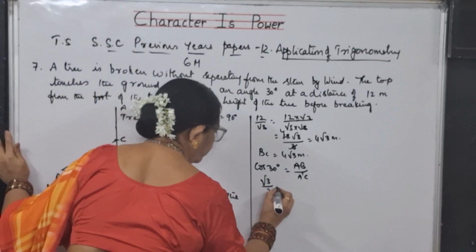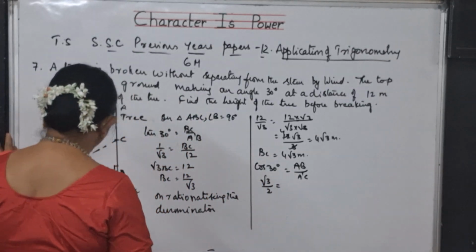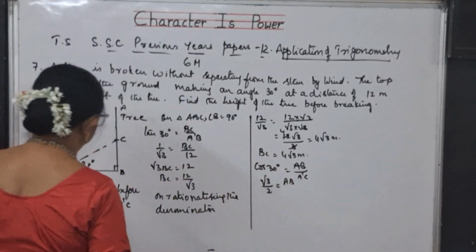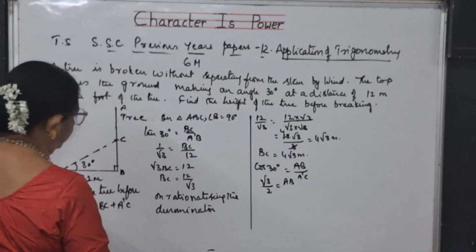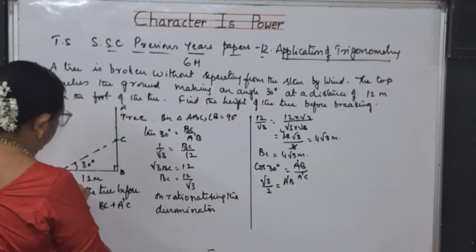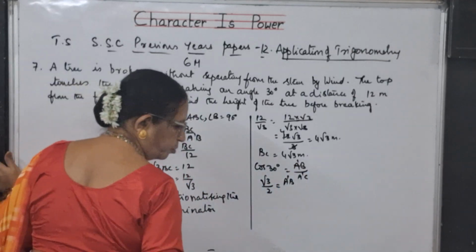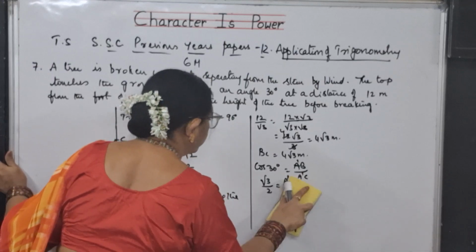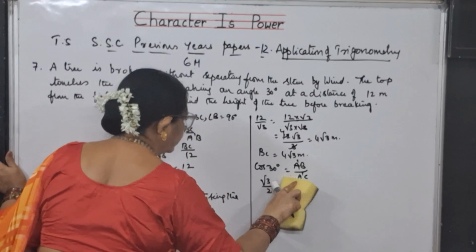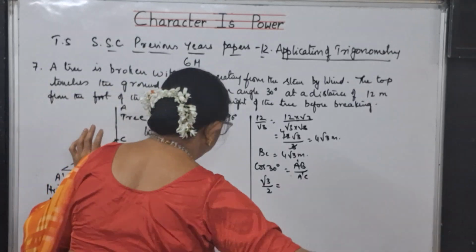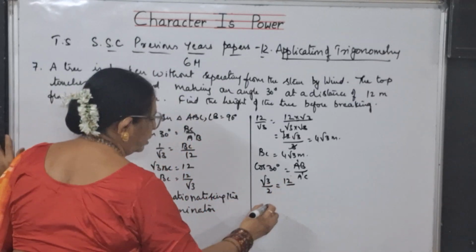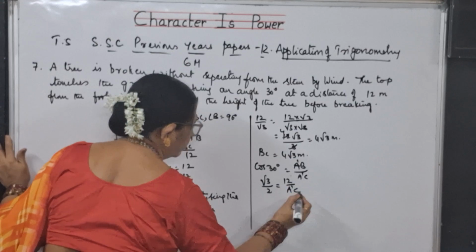Root 3 by 2 is equal to A dash B, this is also A dash. A dash B we know. What is A dash B? A dash B is 12 meters, by A dash C, which we don't know.